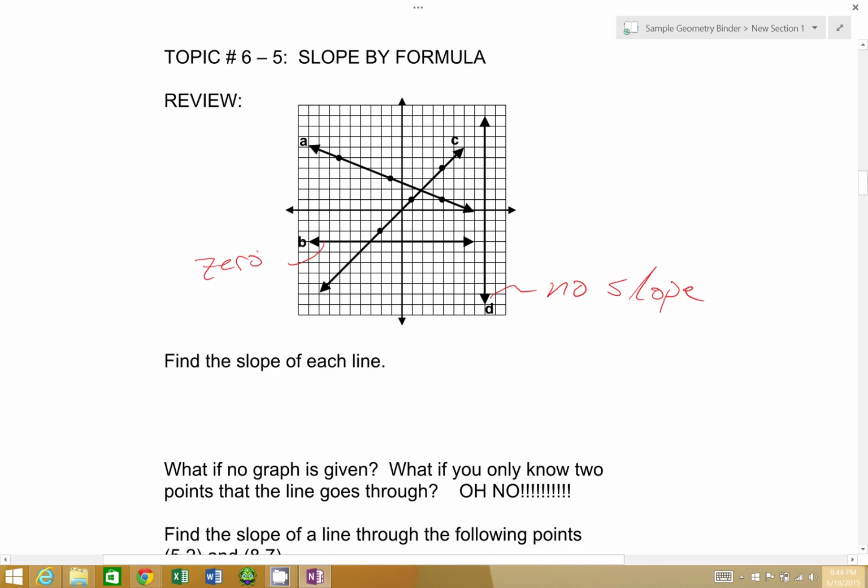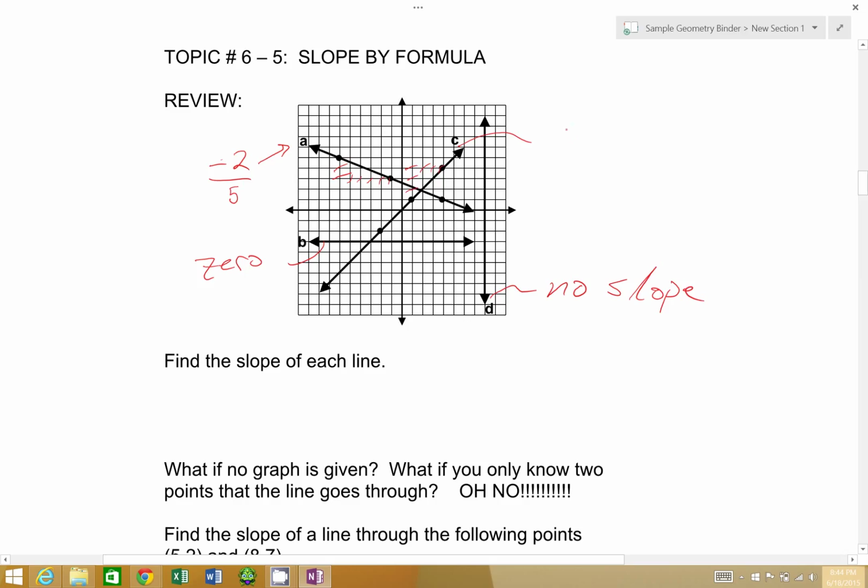All right, welcome back. So our slope for line A, I go down 1, 2, and I go over, so that's a negative 2 over 1, 2, 3, 4, 5. So I have a negative 2/5 slope for line A. For line C, I go up 1, 2, 3, and over 1, 2, 3.